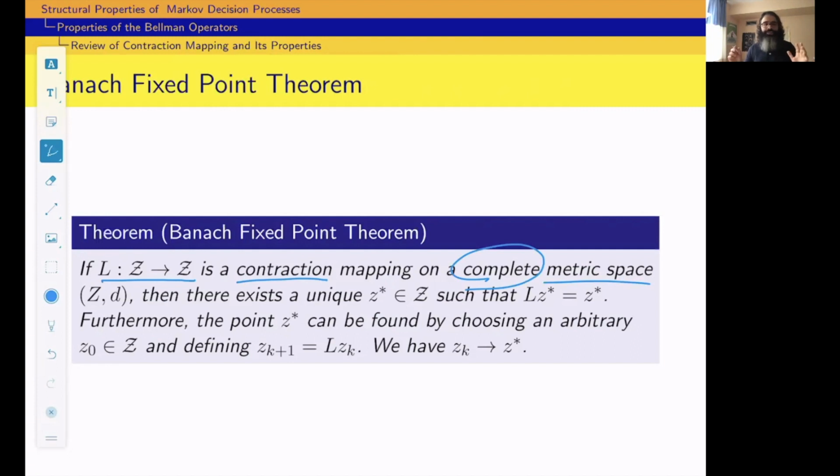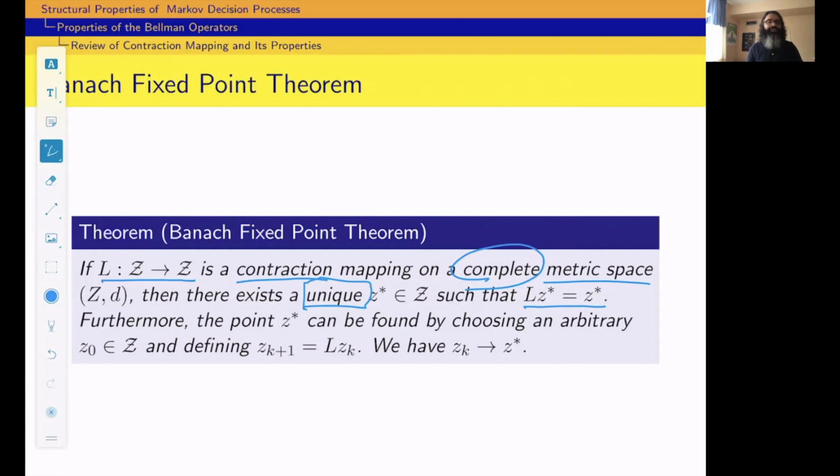So it's a metric space with a well-behaved structure. What it says is that there exists a unique Z star in that space Z such that L(Z star) is equal to Z star. So this is a fixed point equation, and this is unique. There is only one Z star that satisfies it. This is interesting because it says that if you have a contraction mapping, there's only one solution that satisfies the fixed point equation.